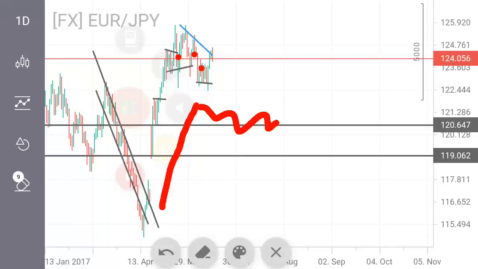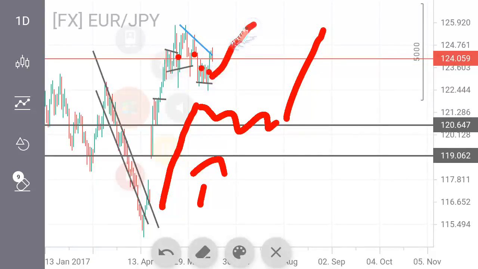The same thing is happening here. This is forming a flag, and this is called a bullish flag because the prices went up. The next bars are obviously going to go up, so it means this graph is going to go up from here till here. It's a bullish flag.